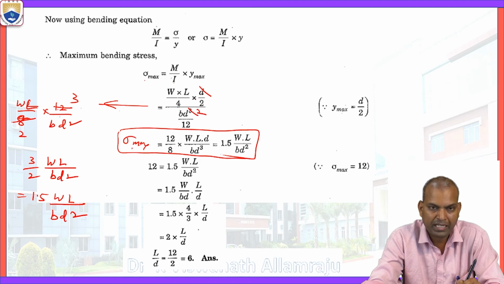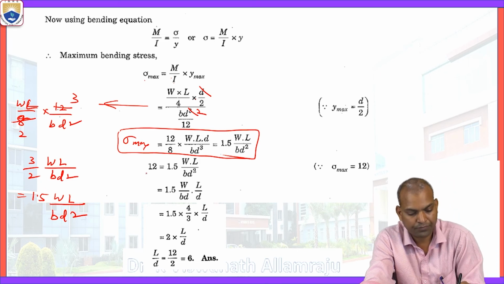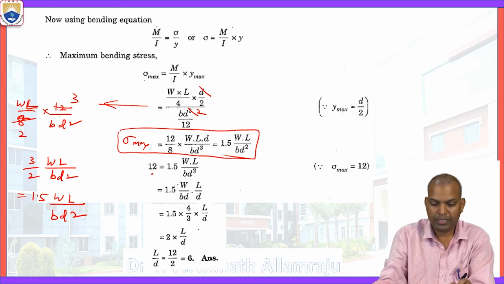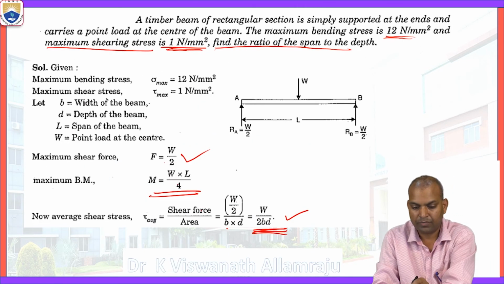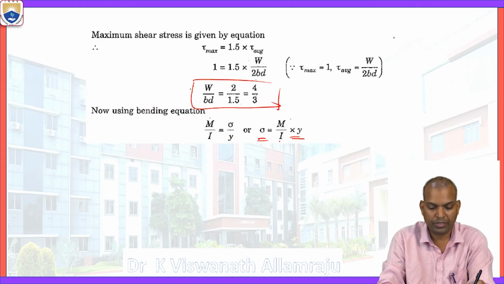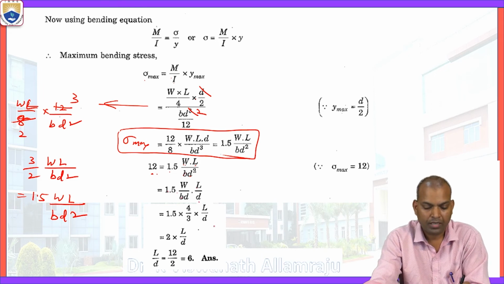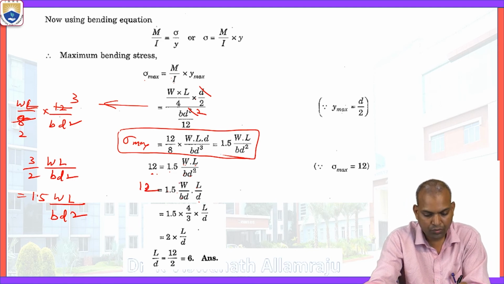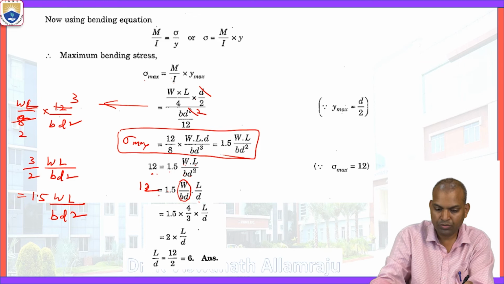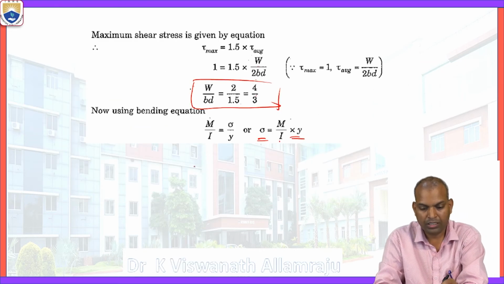Now we know the maximum bending stress value is 12 Newton per square millimeter. So 12 equals 1.5 times WL by BD square, that is 1.5 times W by BD into L by D. This W by BD value we know: it is 4 by 3.